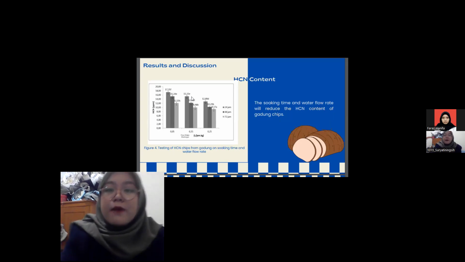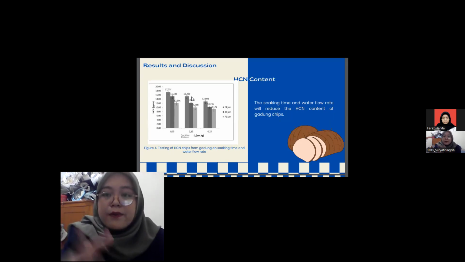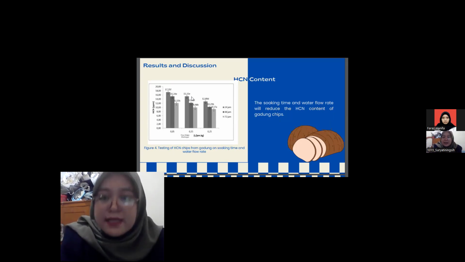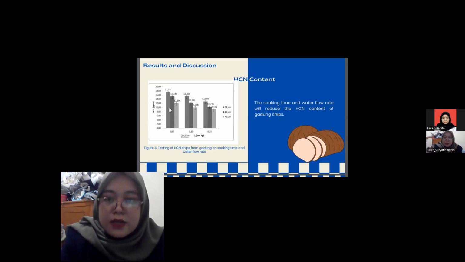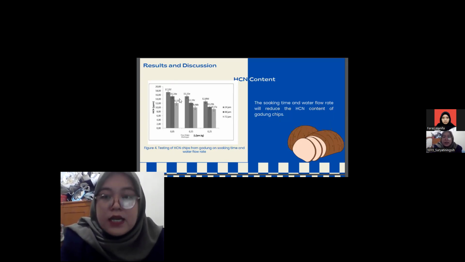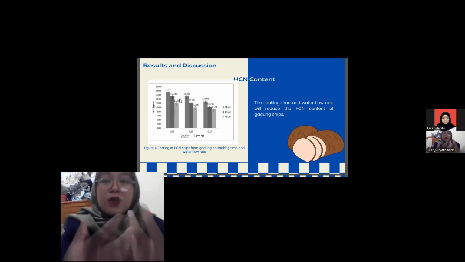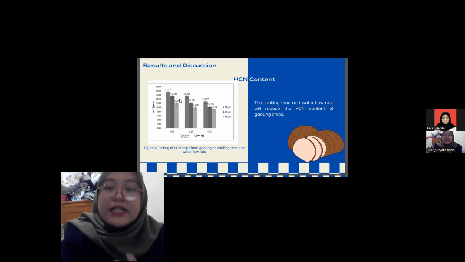The chemical property analyzed from gadung chips is HCN content. You will notice on this chart that as the soaking time and water flow rates increase, there is a decrease in the HCN content.